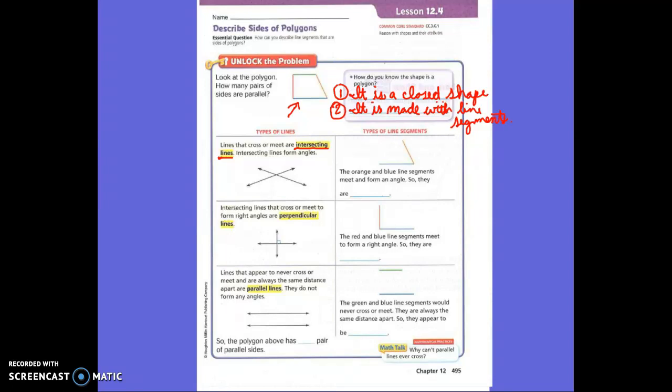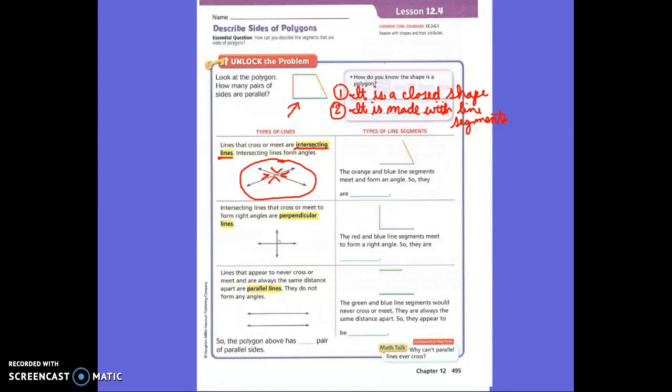Intersecting lines form angles. Because they cross, they will form angles. You have an angle here, an angle here, an angle here, and an angle here. See all that? Right, Carter?